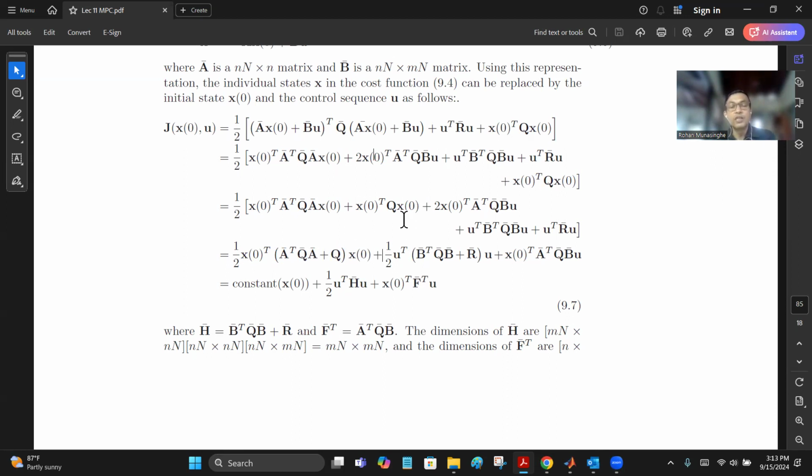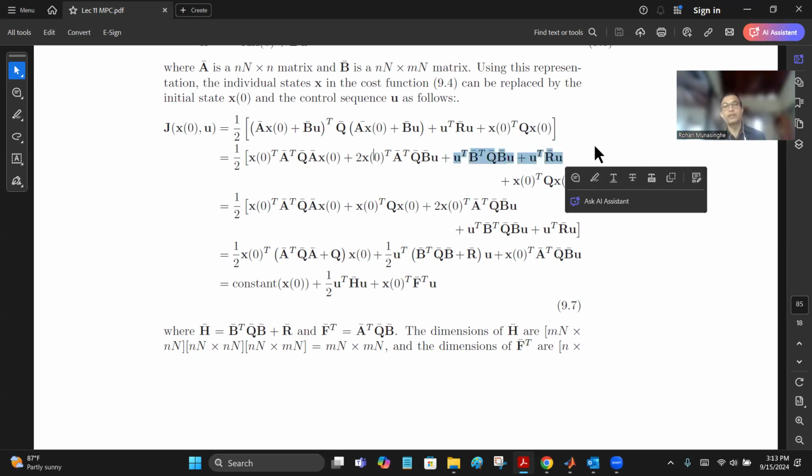And also you can see some u terms over here, right? This term and this term show the same pattern. They start off with u transpose, end with u, and in the middle two different matrix terms. You can put these two different matrix terms into one bracket and put u transpose up front and u at the back. So that is the second term.